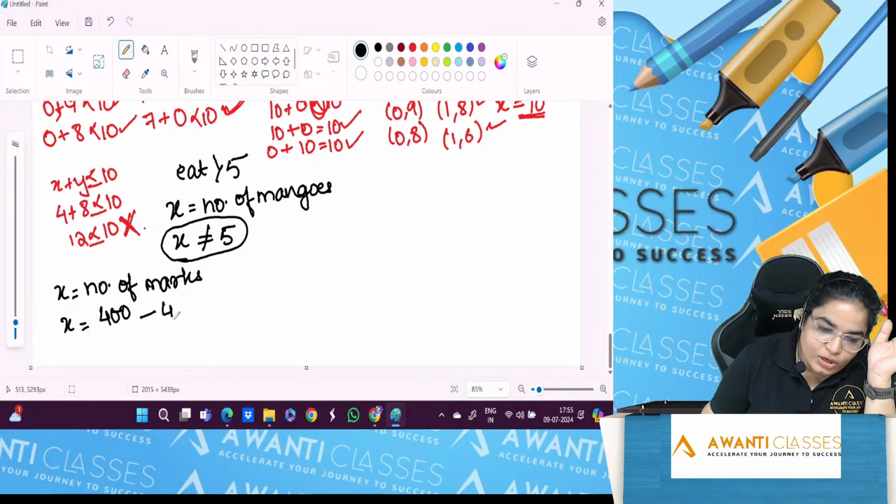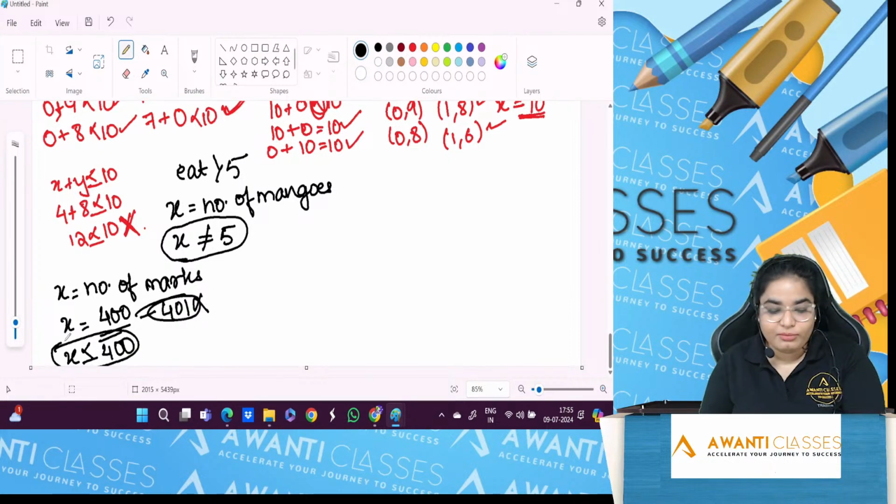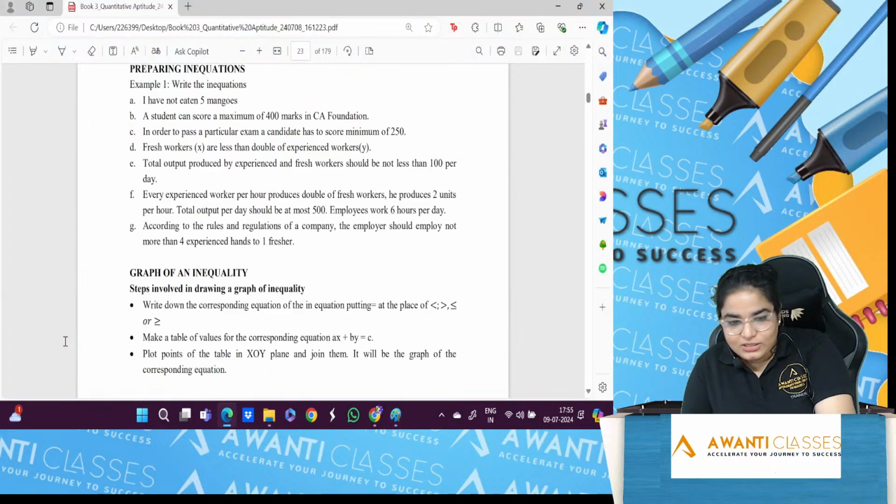Can they get 401? No. Maximum 400. So if the number of marks obtained by the student is x, then x should be less than or equal to 400. Understanding? Amazing.